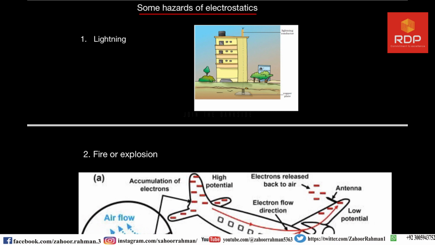To prevent lightning from damaging tall buildings, lightning conductors are used. The purpose of the lightning conductor is to provide a steady discharge path for the huge number of electrons in the air to flow from the top of the building to the earth. In this way, the chance of a lightning bolt due to sudden discharge is minimized.